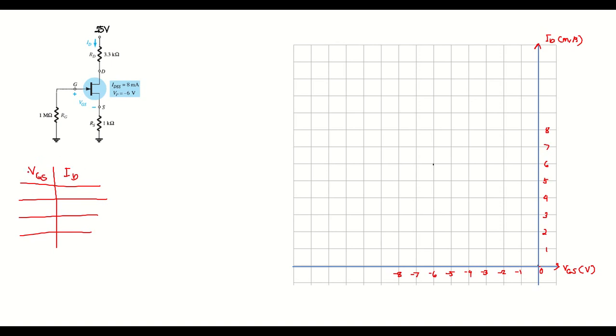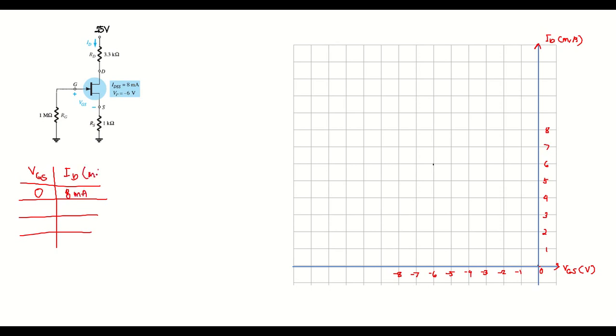So taking our previous example, we will need to determine the values here. First, when our VGS is equal to 0, our ID will be equal to IDSS, which is equal to 8 milliamperes.